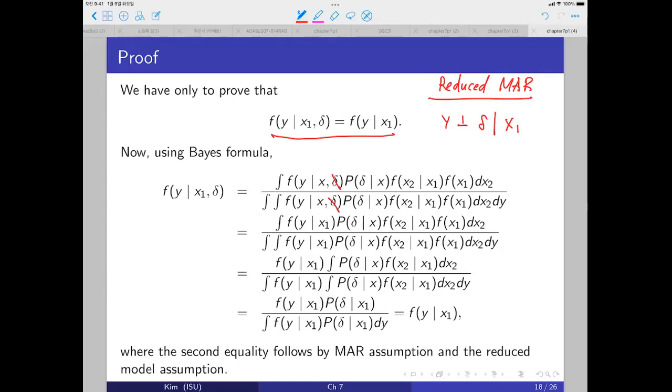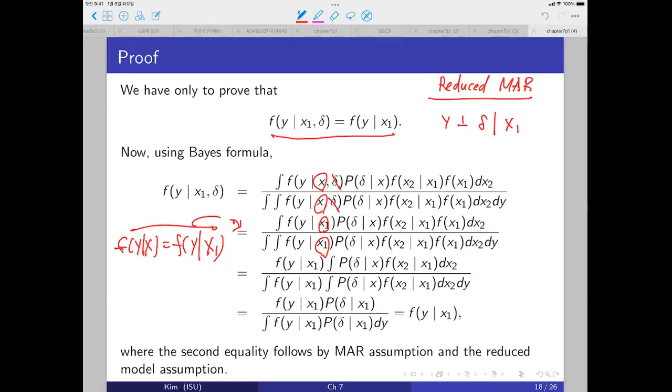We have the original MAR, so Y given X and delta is equal to Y given X. And then the reduced model assumption: Y given X is equal to Y given X1, right? That is the reduced model, and that is used here. So X is now changed to X1, with delta canceling. Delta disappears and X is changed to X1. That's the main thing.